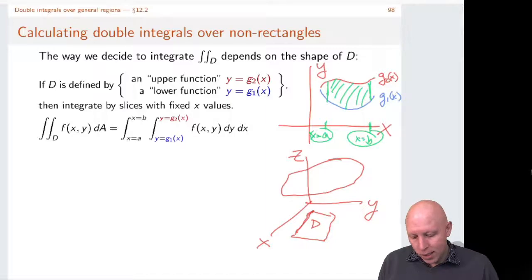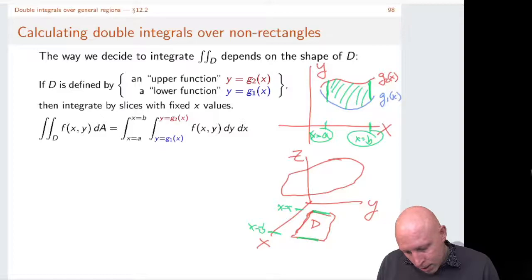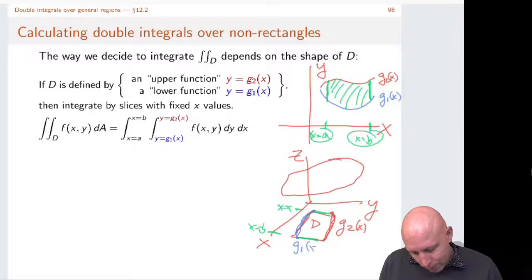In this setup, here's our x equals a, this is our x equals b, and then we have our g2 of x and our g1 of x. This is our same domain down here.